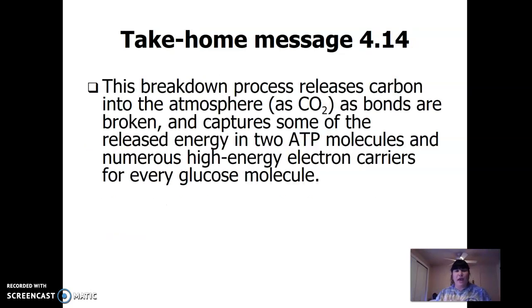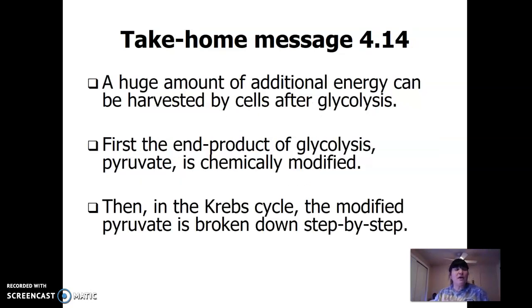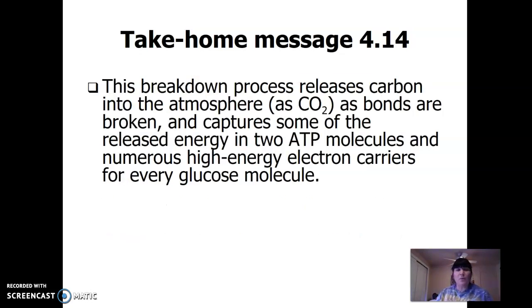So here, a huge amount of additional energy can be harvested by cells after glycolysis. The end product of glycolysis is pyruvate, then the Krebs cycle, okay? This breakdown releases carbon dioxide, so that's why we exhale. That's why we release carbon dioxide, because we're constantly doing this.